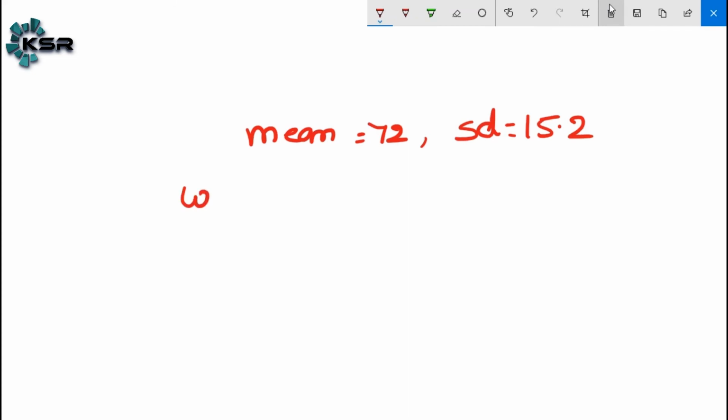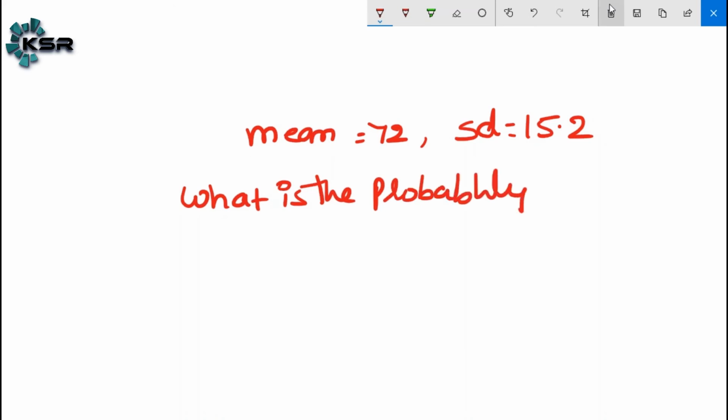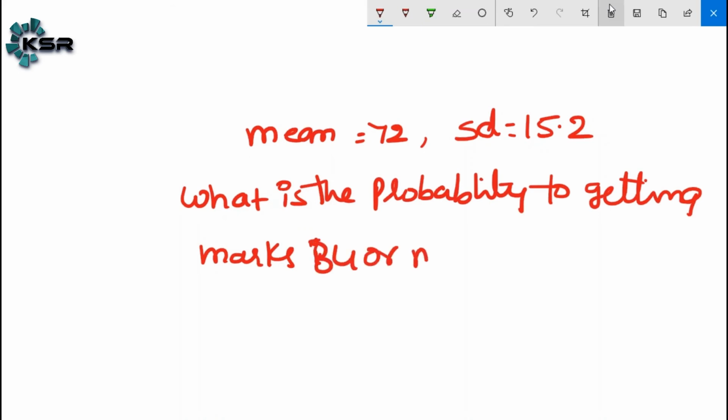What is the probability of getting marks 84 or more?